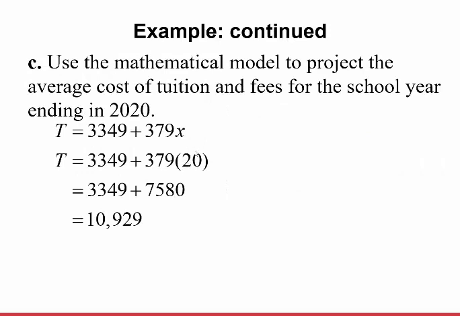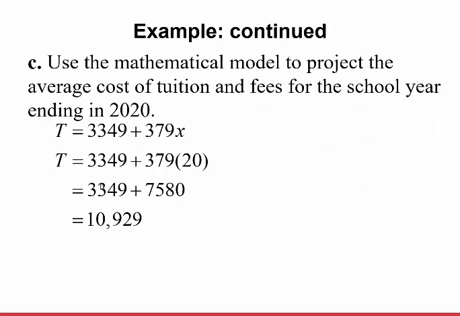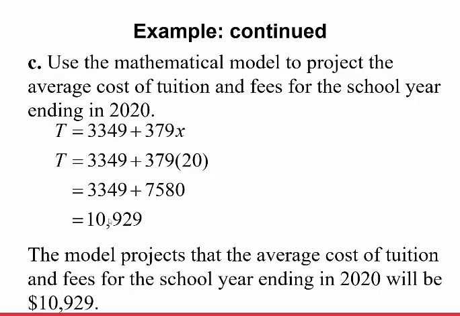I'm going to plug in 20 for X. 379 times 20 gets me $7,580. Add to it how much tuition and fees were in the year 2000, which is 3,349. And we're estimating here, our model projects that the average cost of tuition and fees for the school year ending in 2020, wow, will be $10,929, which is a lot.